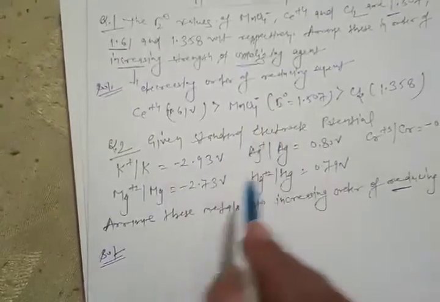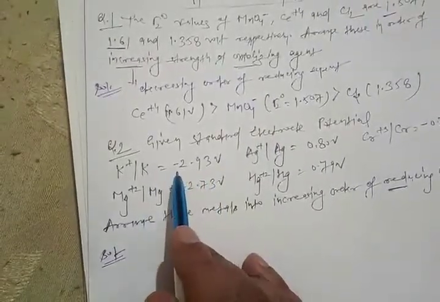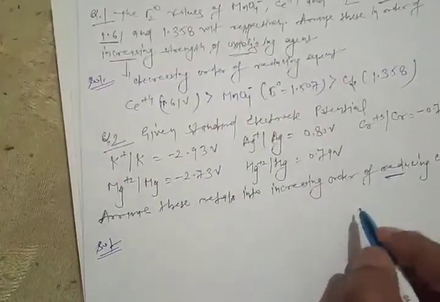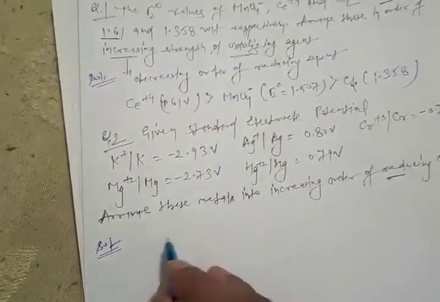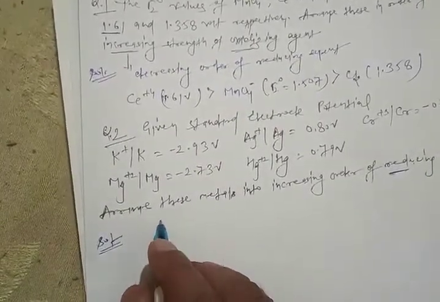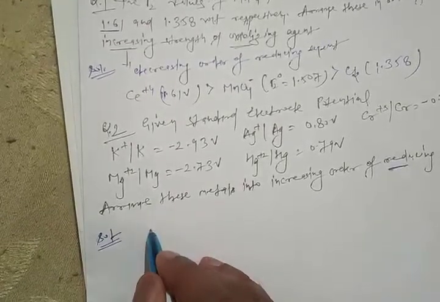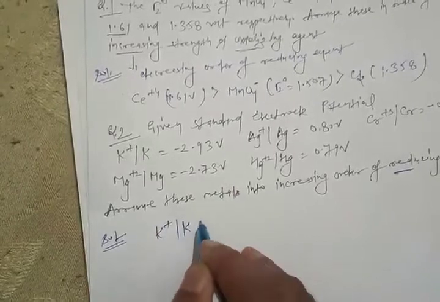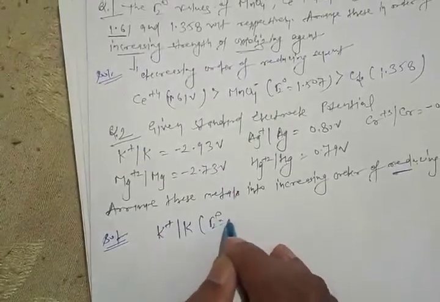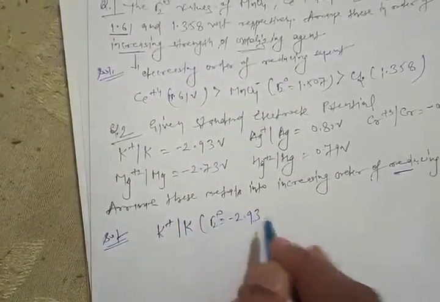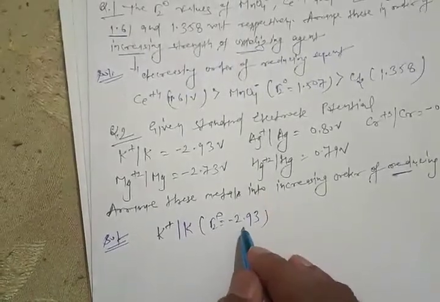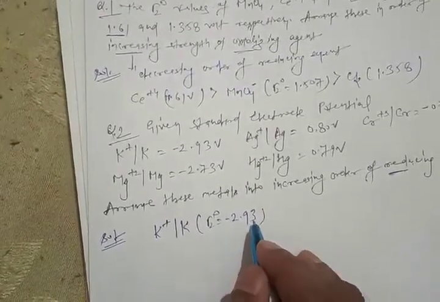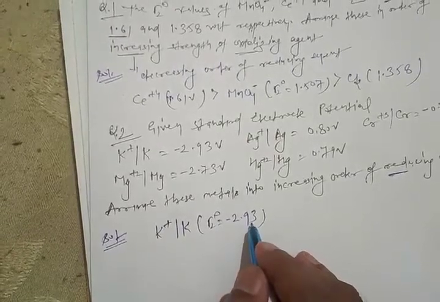Among all five, the most negative value is the least one, minus 2.93, which is the value of K plus to K. So it will have the highest reducing character.